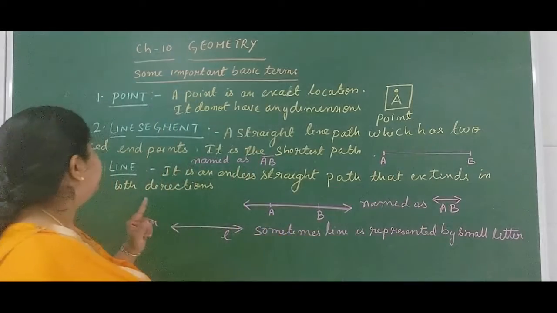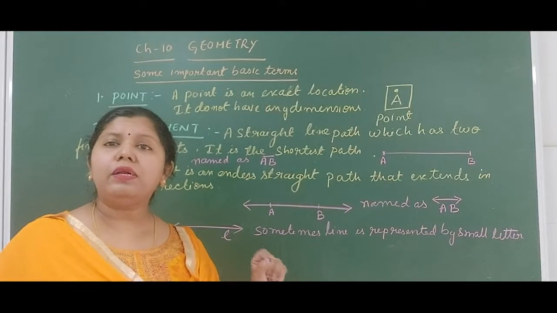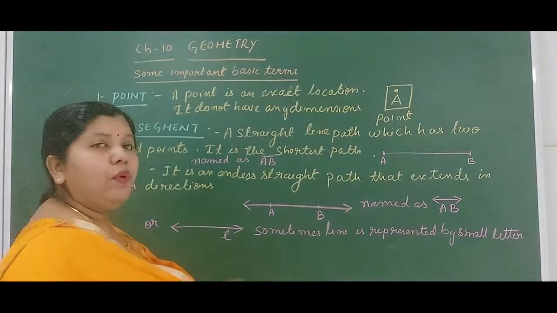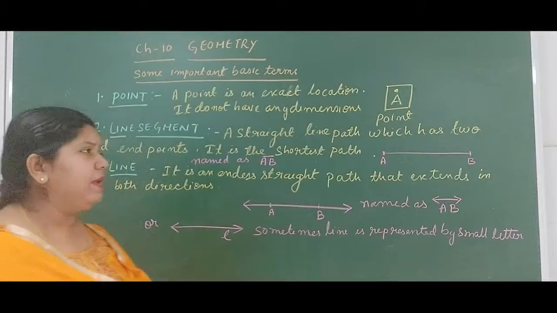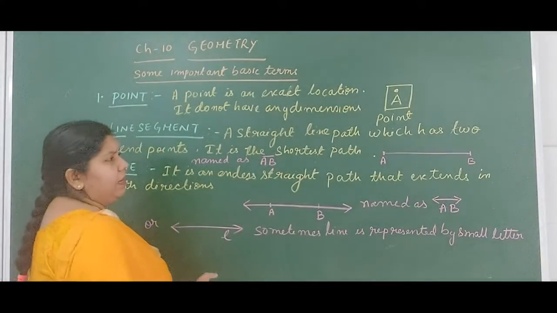A line segment also tells you the shortest path between two fixed points. And how is it named? You write AB and put a bar on it, just a bar.